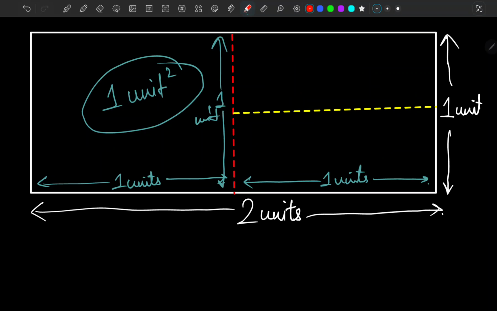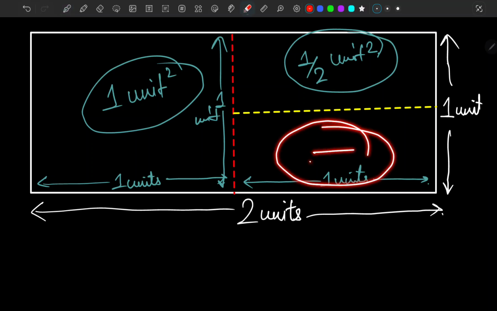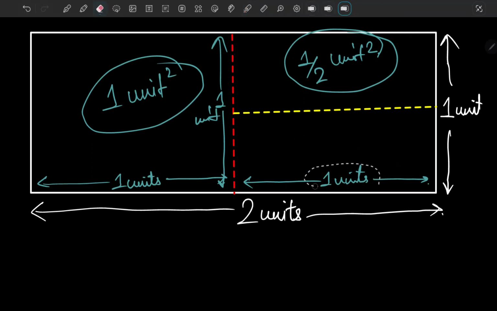So this upper part is going to be 1/2 unit squared, the area I'm talking about, right? And this again is your 1/2 unit squared. And I'm just going to erase this 1 unit.